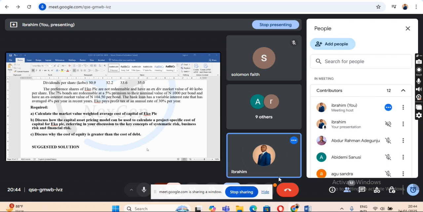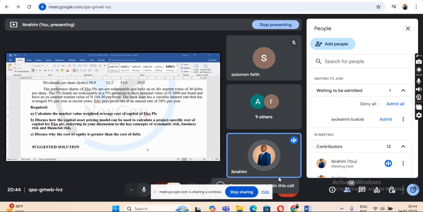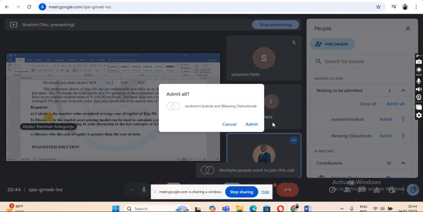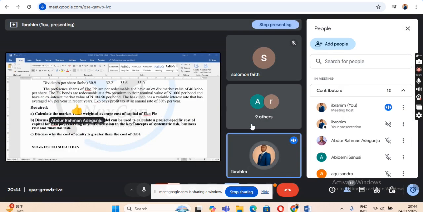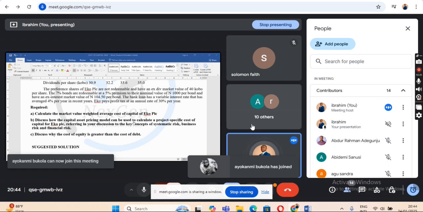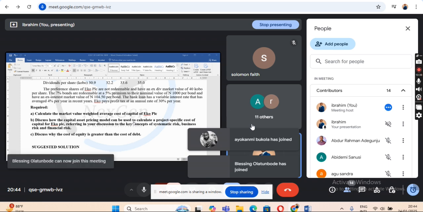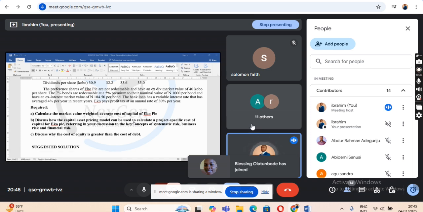Okay, thank you. Now, the requirement says: calculate the market value weighted average cost of capital of Eco PLC. Of course, when you are calculating your cost, you will consider the market value of the cost of capital, whether equity or debt.